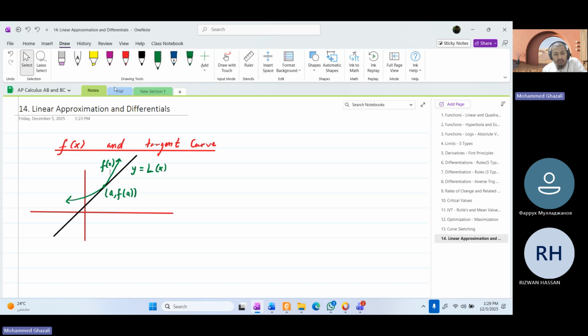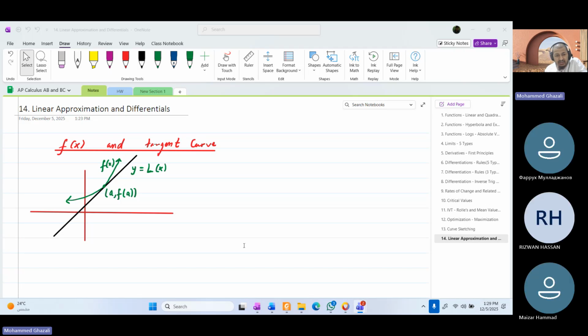Now, we want to find the equation of the tangent line to this curve. Remember, we need to find the slope. So m is equal to f prime x. F prime x gives us the slope function. If we substitute the value of a inside f prime x, we get f prime of a.